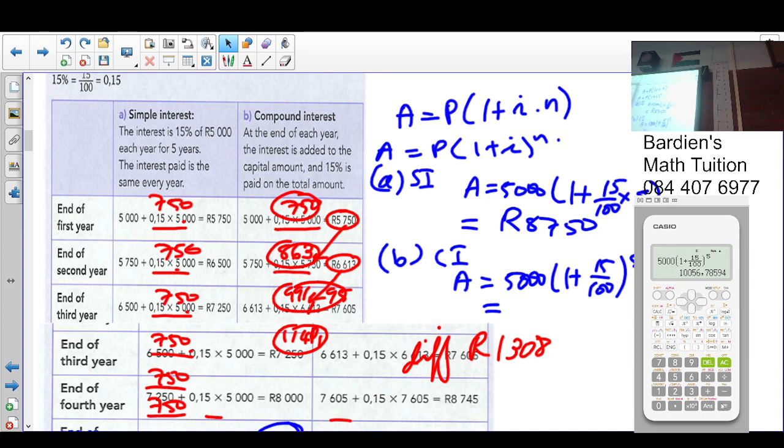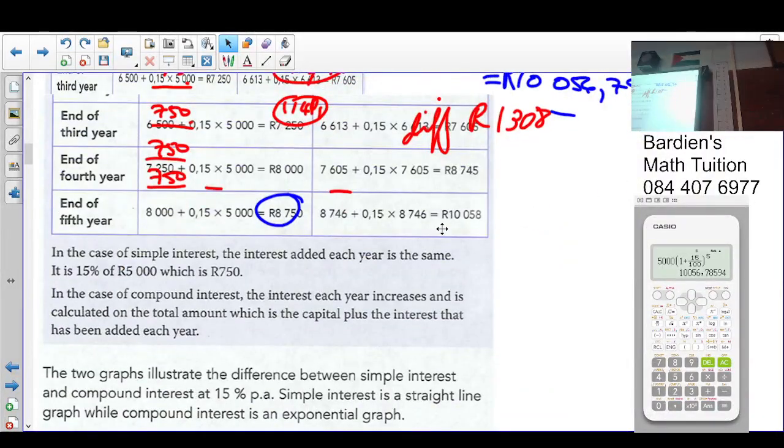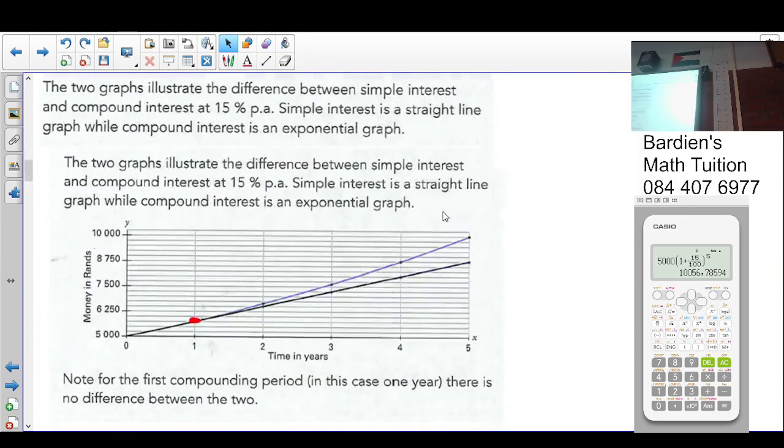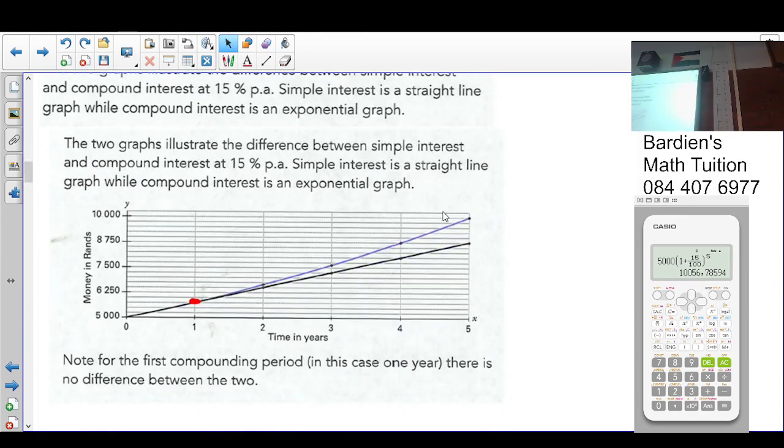It gives you 10,056 rand and 79 cents. As you can see, there's a difference. And how far off is that? Right. You guys understand? Right.